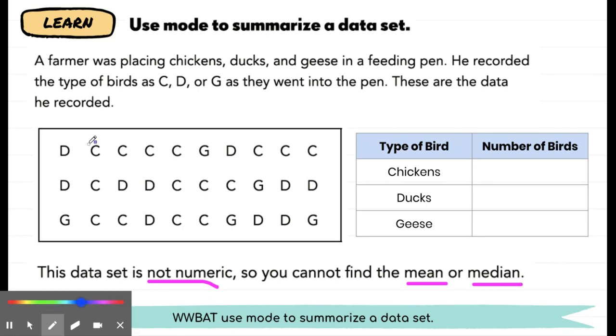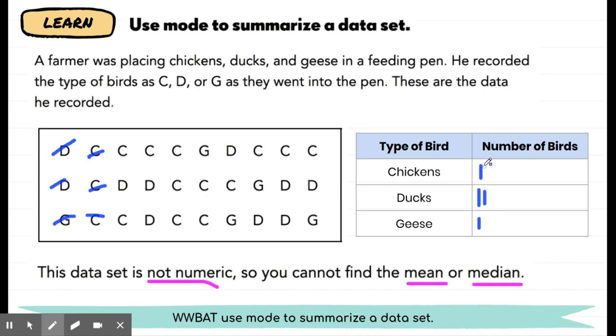So what I can do first is make a tally chart. So there's 1 duck, and I'm going to keep tallying. Chickens.